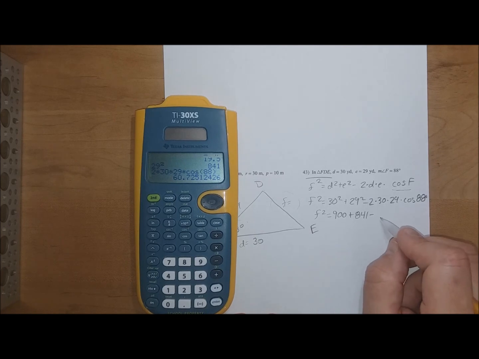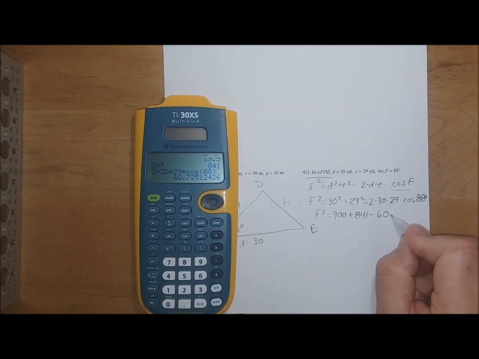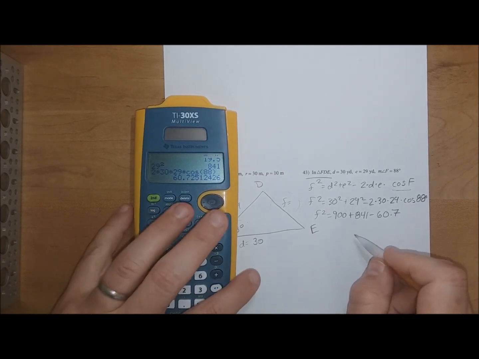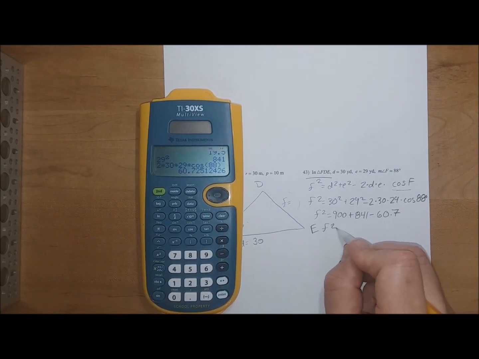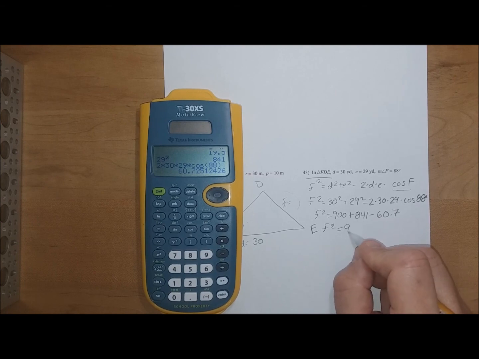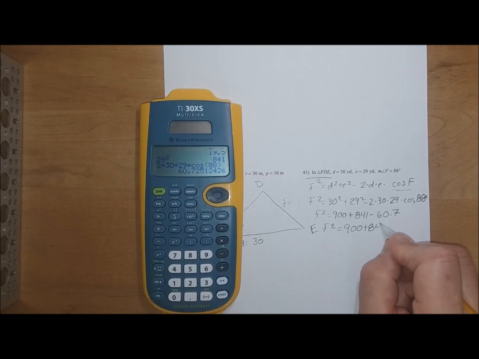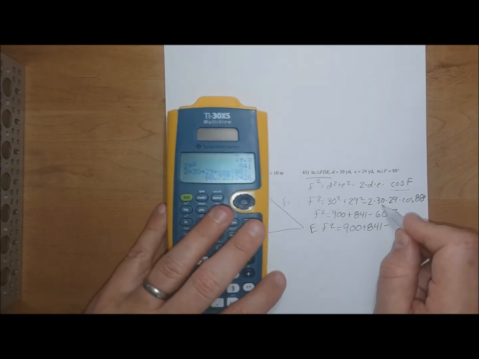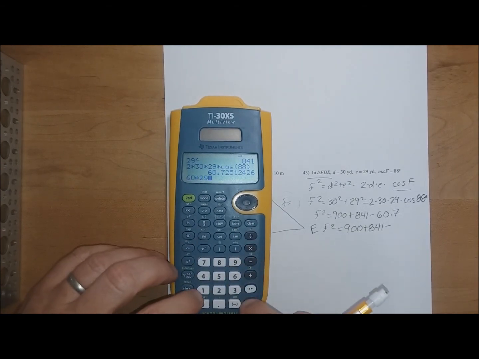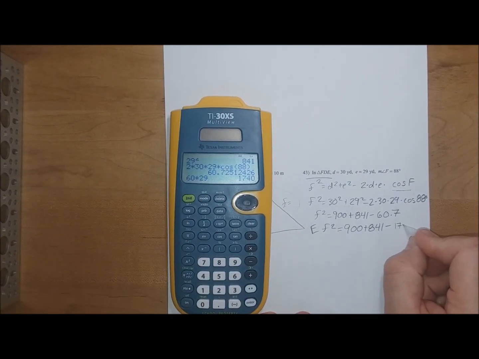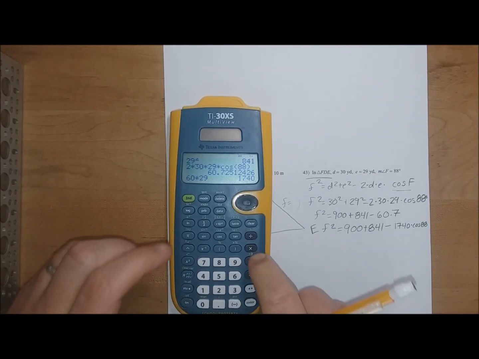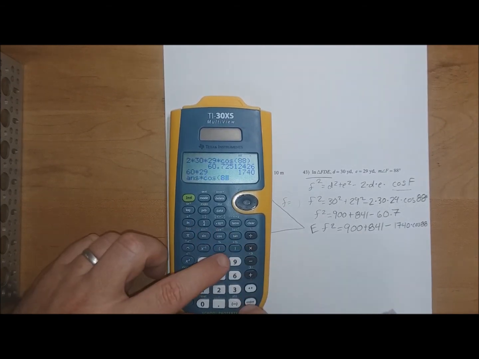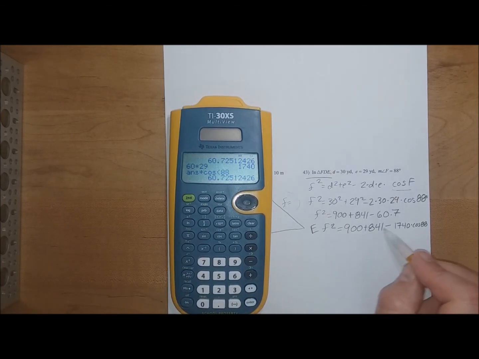So minus 60.7. Okay. Now, if you want to be more confident of your numbers, you can say 900 plus 841 minus 2 times 30 is 60 times 29. You can say minus 1,740 times the cosine of 88, and then multiply that by the cosine of 88. And you can see, in fact, you do get that. So that all checks out.